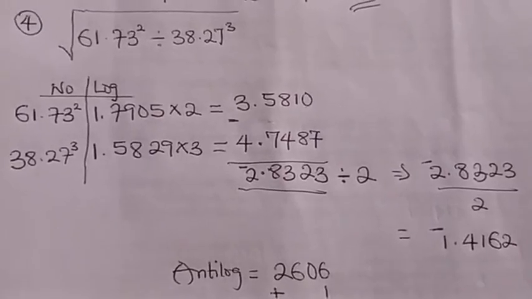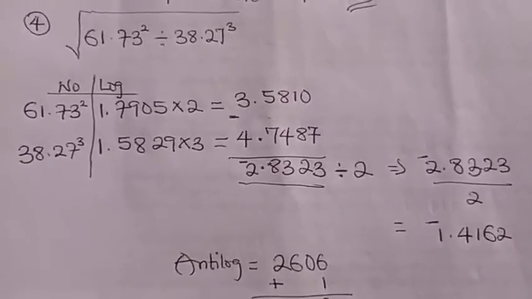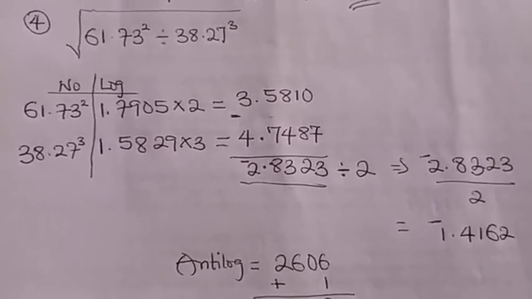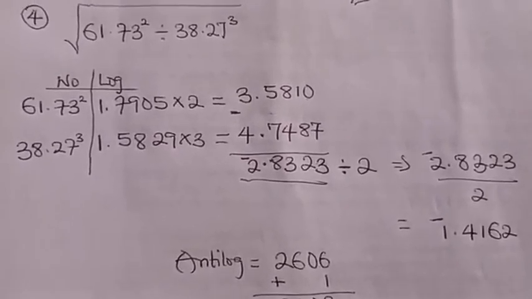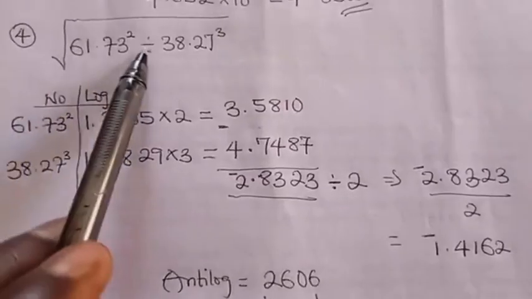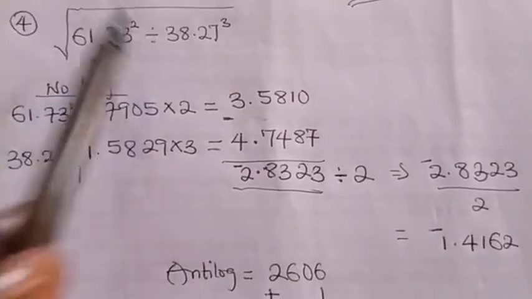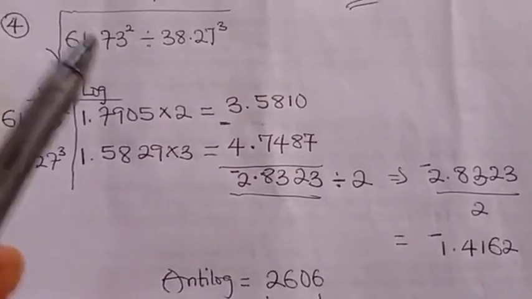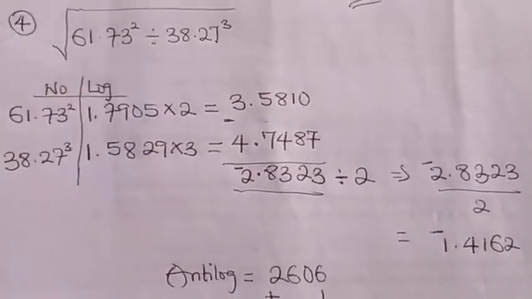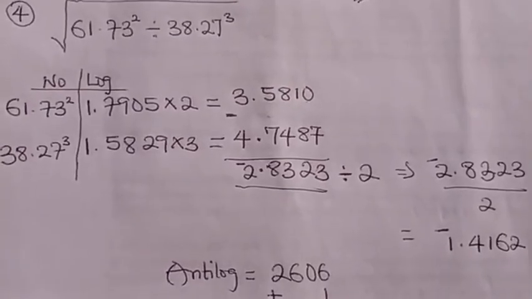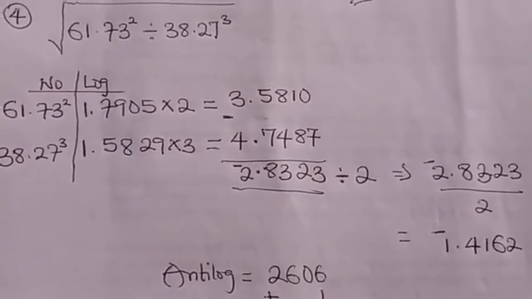So you see that in each case, we move a step at a time. You first find the logarithm of that number. Where you have division like we did have here, you subtract their logarithms. Where you have multiplication like we did have in example 1, you add their logarithm.